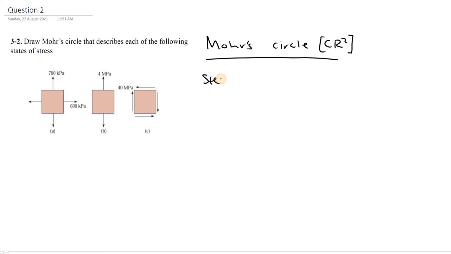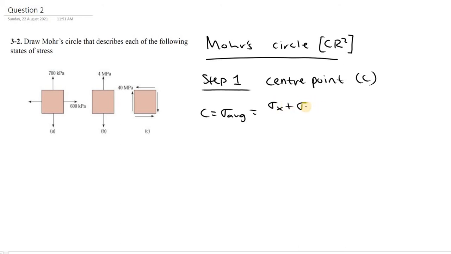So step 1, we want to find our center point. Our center point C is the same as our average normal stress, so our normal stress in X plus normal stress in Y divided by 2.